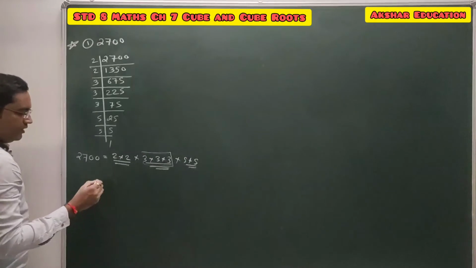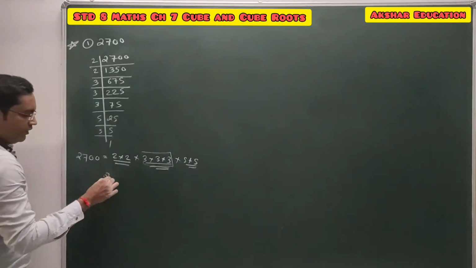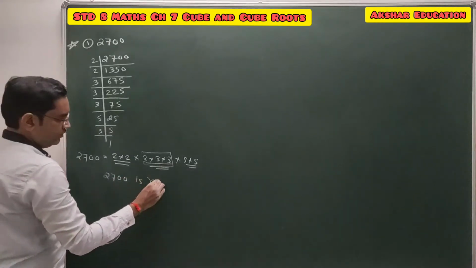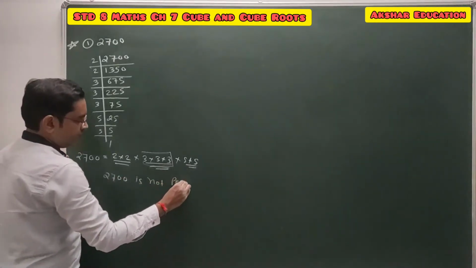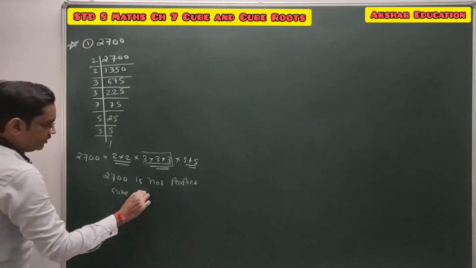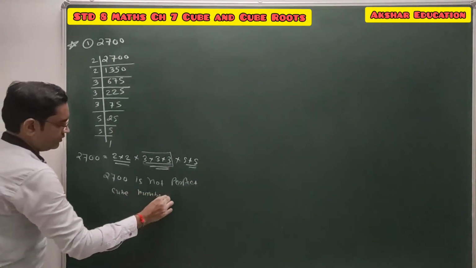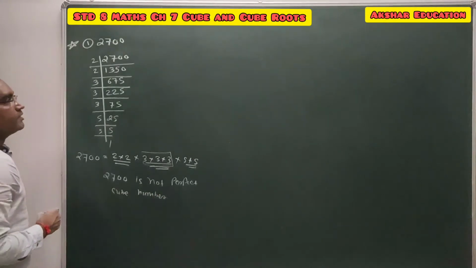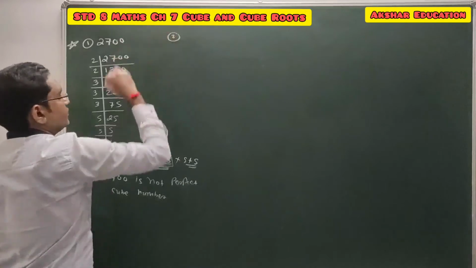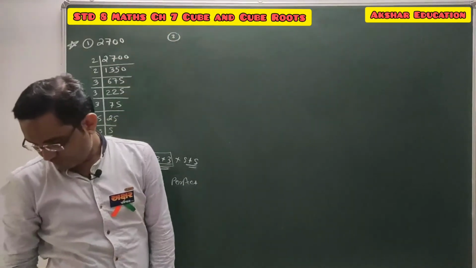So we can say that 2700 is not a perfect cube number. Done. This is how you can check whether the given number is a perfect cube number or not. Let's check the second number.